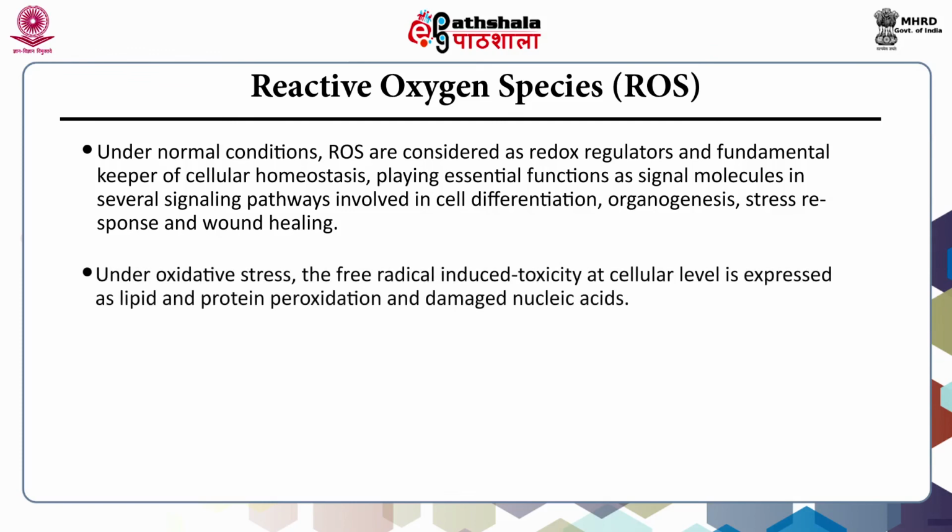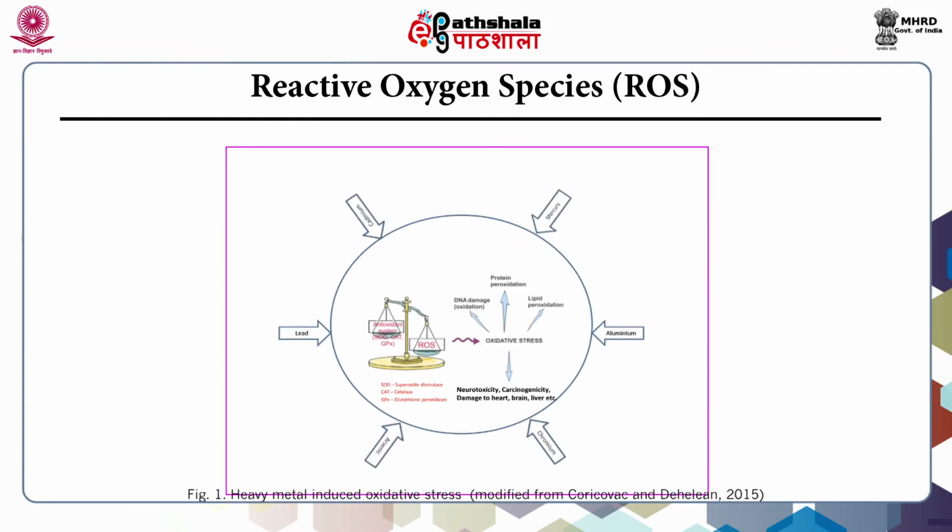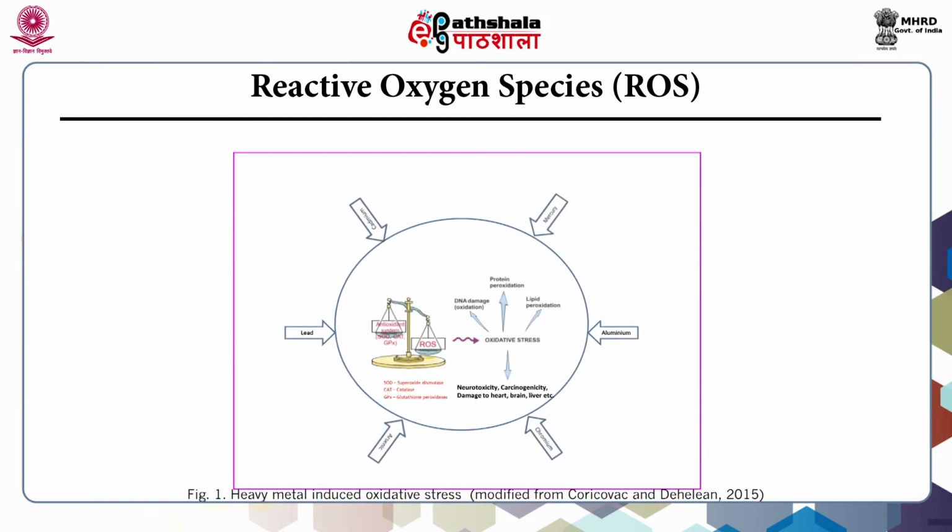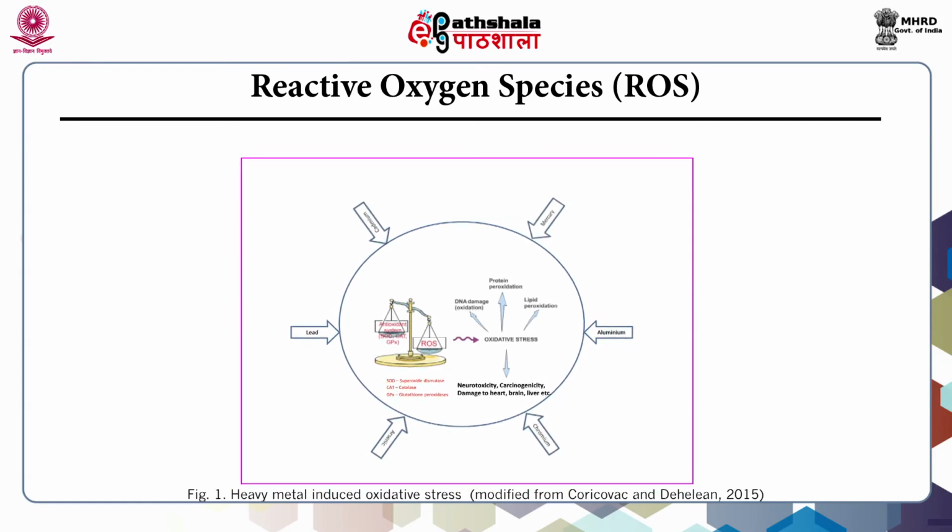Under oxidative stress, the free radical induced toxicity at cellular level is expressed as lipid and protein peroxidation and damaged nucleic acids. This figure shows heavy metal induced oxidative stress.